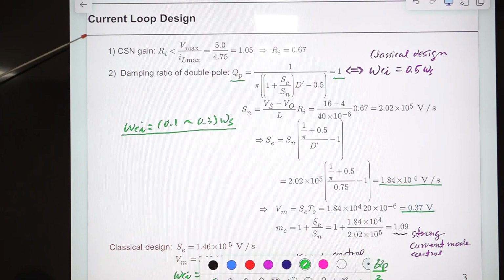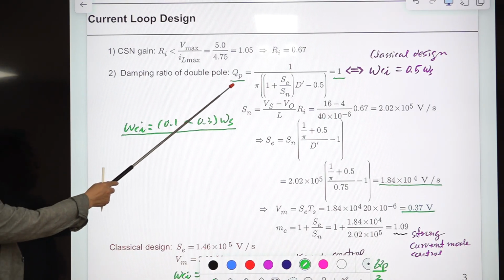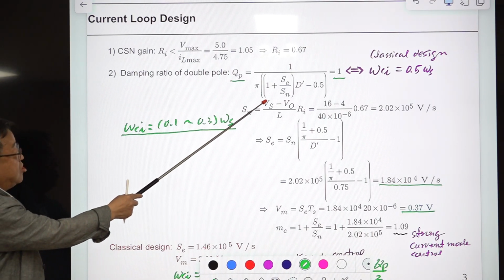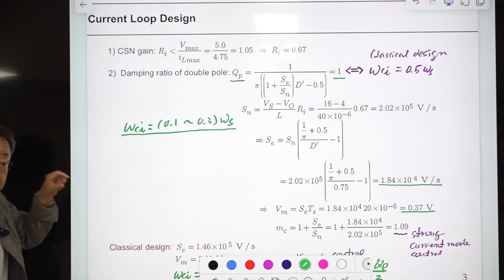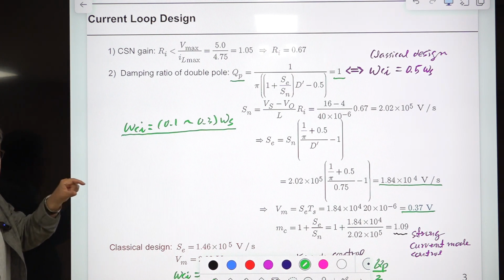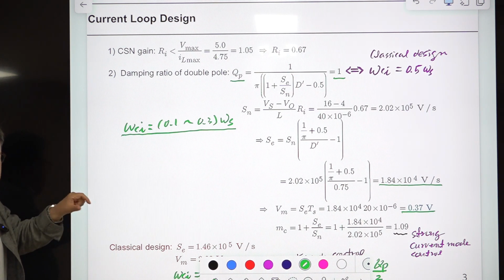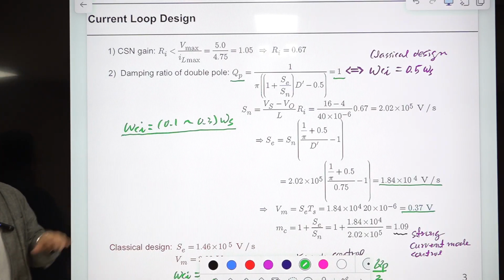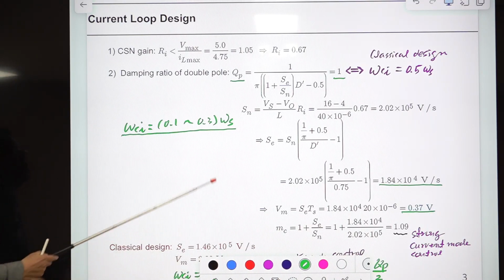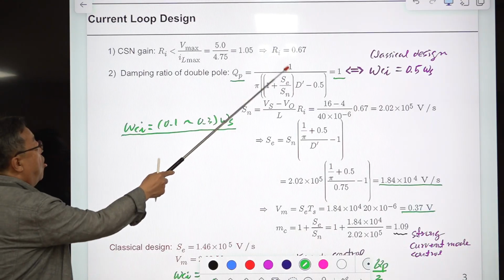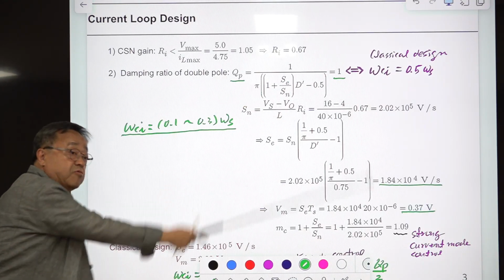But in this new method, we are not using this, and we are just controlling this QP, right? QP determines the magnitude of peaking of the loop gain at half the switching frequency. That peaking should be minimized or controlled. To have that, a QP of 1 is a very good design.